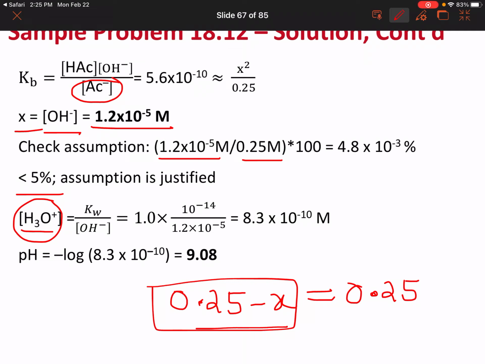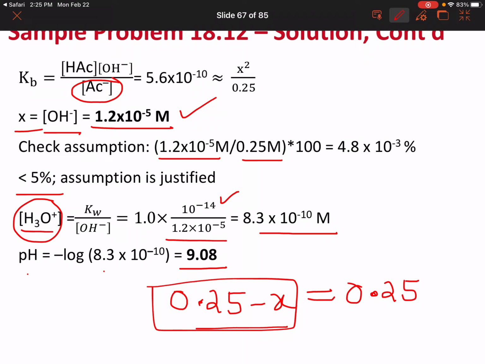Kw is 1 times 10 to the negative 14, and x, the hydroxide, is 1.2 times 10 to the negative 5. So the hydronium ion is 8.3 times 10 to the negative 10. So the pH would be negative log of 8.3 times 10 to the negative 10. pH is 9.08. So this is a basic pH, right?